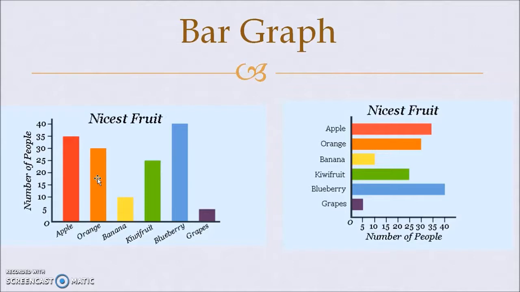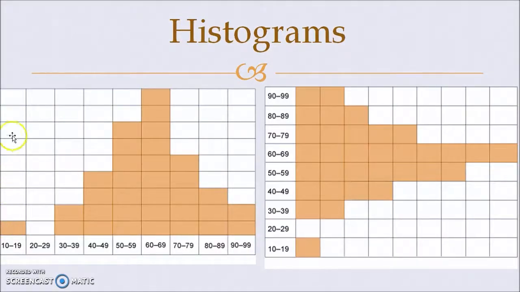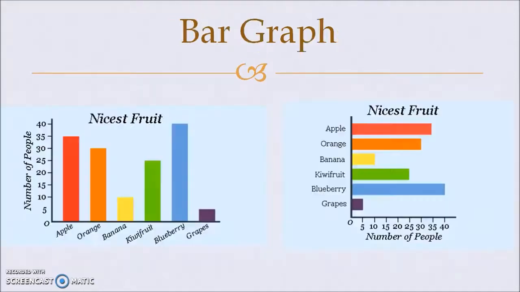This is why I explained those things first before I did this. Here I have not labeled my y-axis, but this could be 10, it could be 20, and then accordingly I will know what is the frequency. Now when you look at the bar graph again, the x-axis is the one that has the number of people.